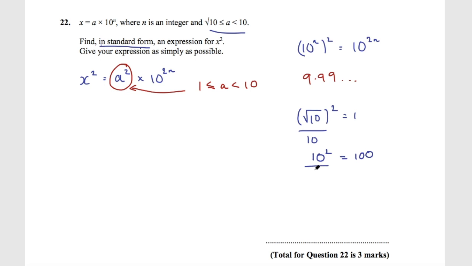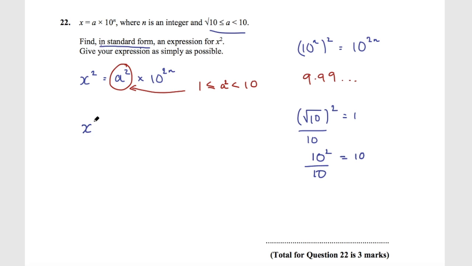But if we divide that by 10, this would be 10. However, a is less than 10. So if we divide a squared by 10, we will get a number between 1 and 10, because remember, it tells us that a is just less than 10, it's not equal to 10. So we can divide this part of the expression by 10. That will make sure that a squared is between 1 and 10.